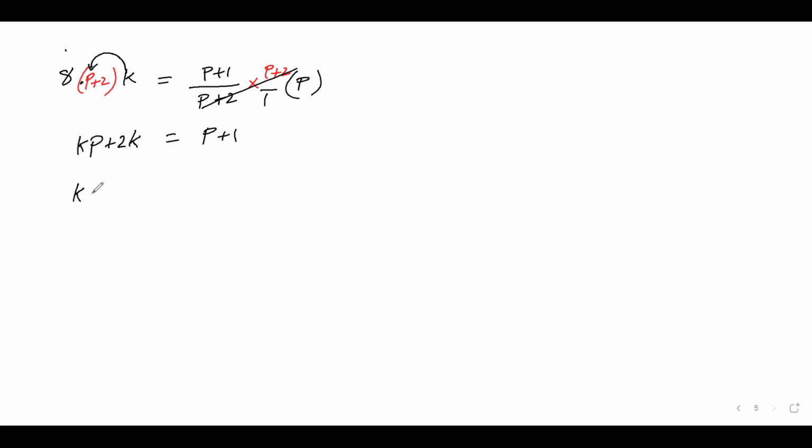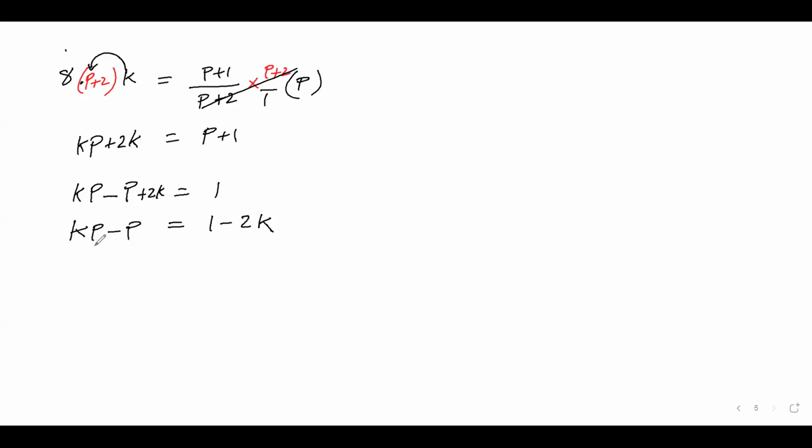So I'm going to bring that p across, and I'm going to take the 2k across with the 1. So it will be kp minus p equals to 1 minus 2k. All right, kp minus p equal to 1 minus 2k.